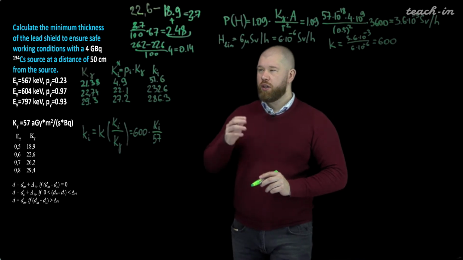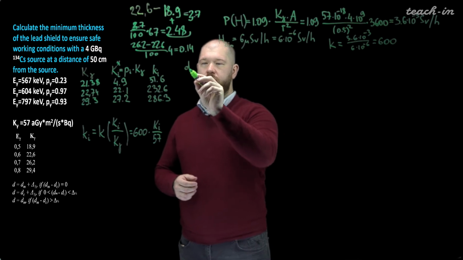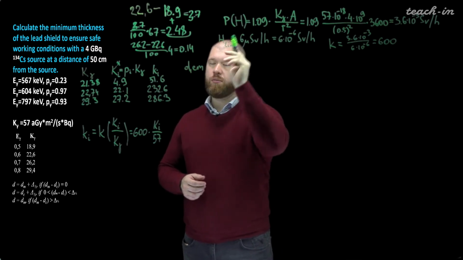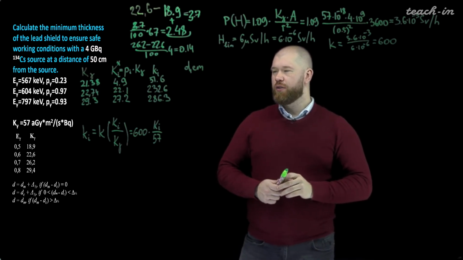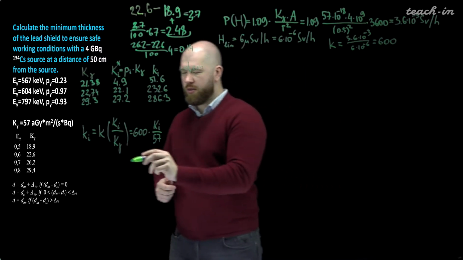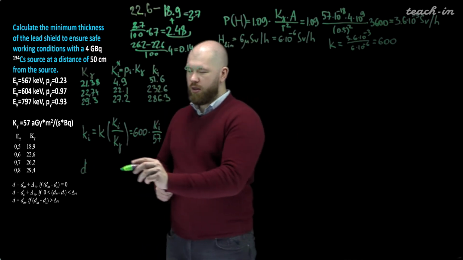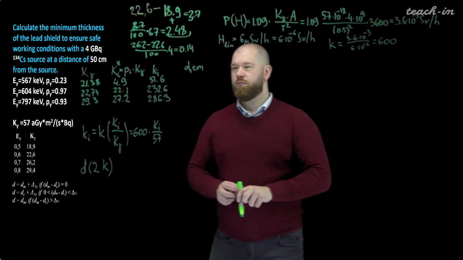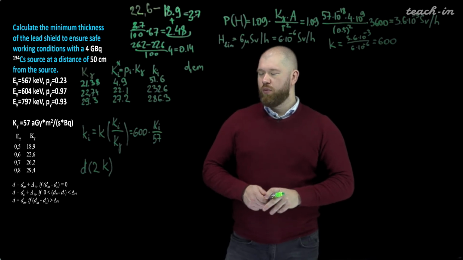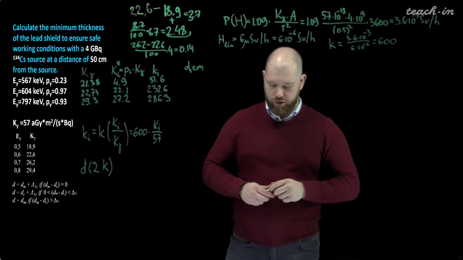And now for each line we have to find the thickness of the lead shield in centimeters for each of these attenuation coefficients. We have to remember that when we find the thickness of the shielding, we use the doubled K value to ensure the safe operation of our ionizing radiation source.